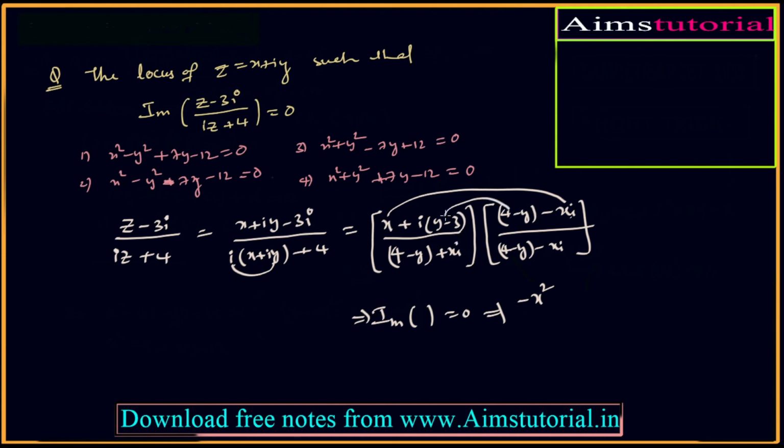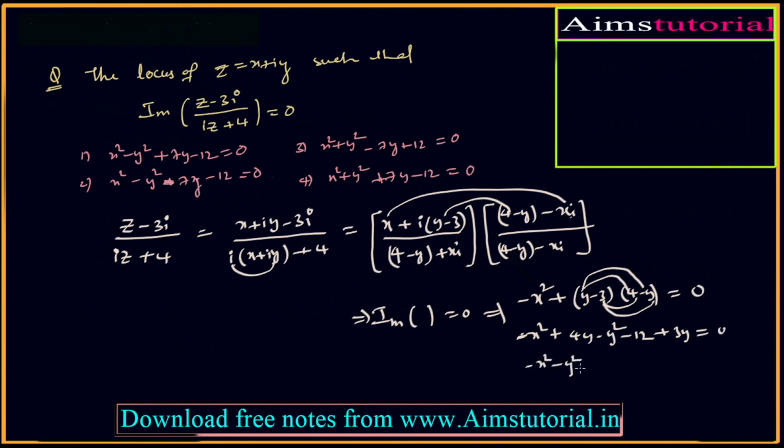Now plus (y minus 3) into (4 minus y) equals 0. So minus x square plus y into 4 is 4y, y into minus y is minus y square, minus 3 fours are minus 12, minus of minus, plus 3y, equals 0. So minus x square minus y square plus 7y minus 12 equals 0.